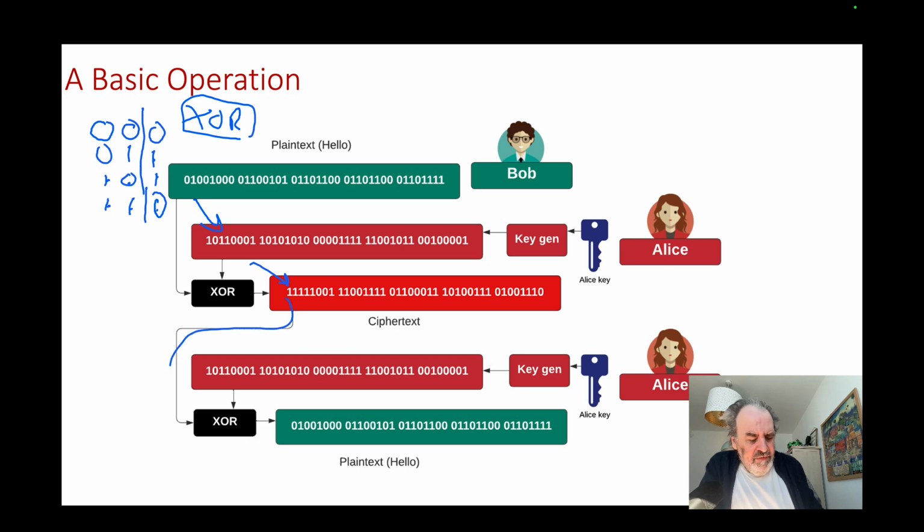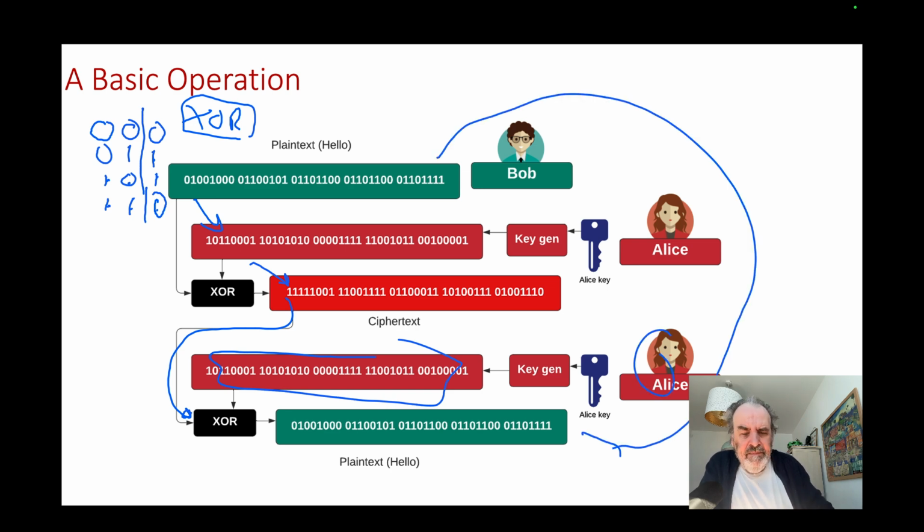And then if we take the ciphertext and XOR with the same key again that, say, Alice would have, then we'll get our plain text back again. So the great thing with this is that we don't lose any of the information inside the data. And overall, this operation is easily reversible and it's fast.